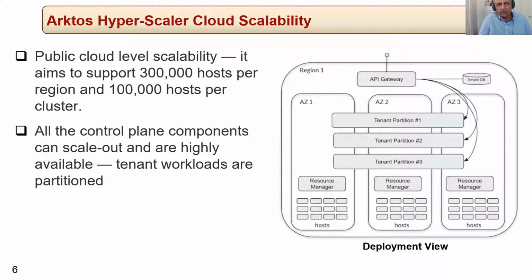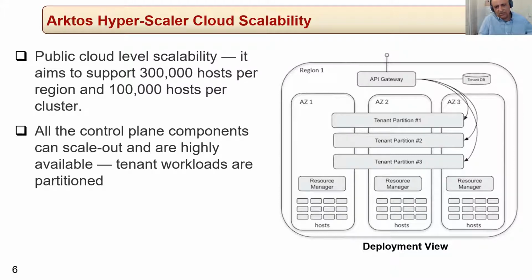So that's why we had to do kind of major surgery and partitioning at every level, data plane as well as control plane level, to be able to achieve this goal. And these are all scale out and highly available. Tenant workloads are partitioned. So essentially what that means is they can scale out depending on the load in the system, and they're highly available.